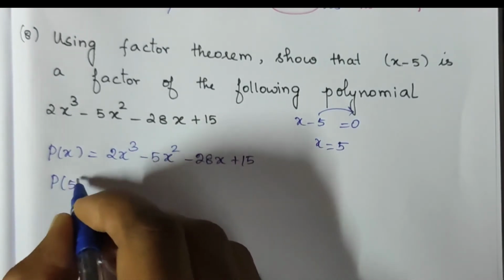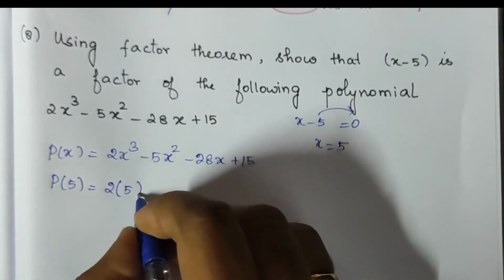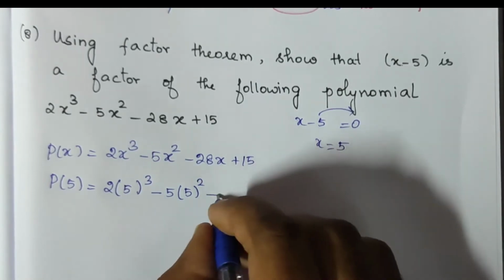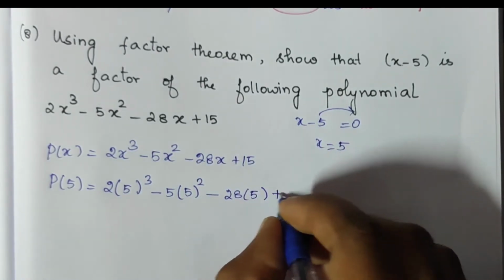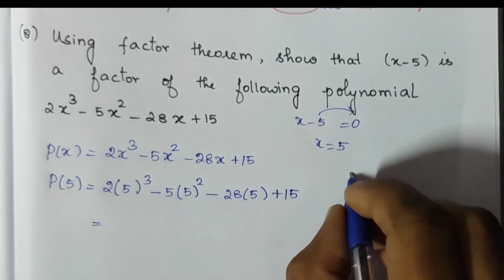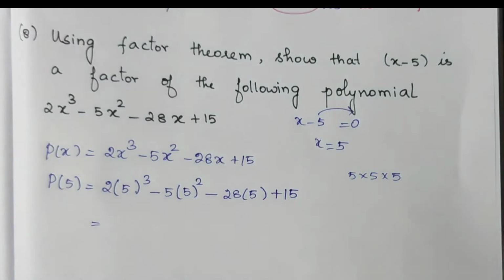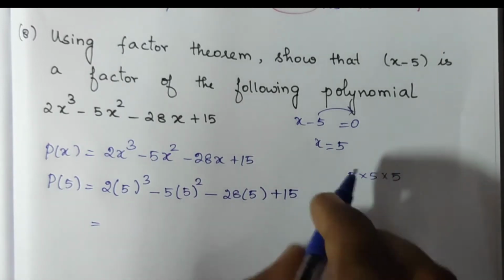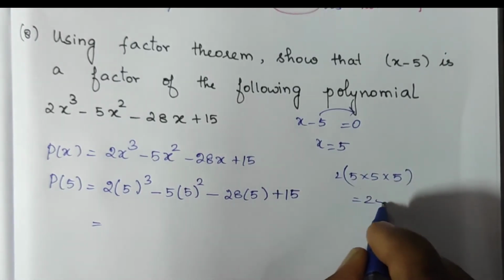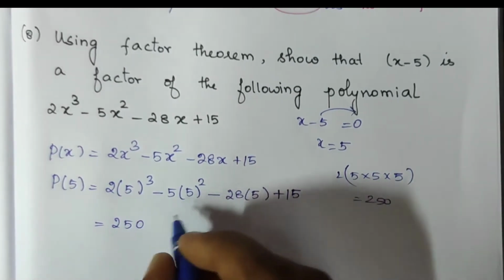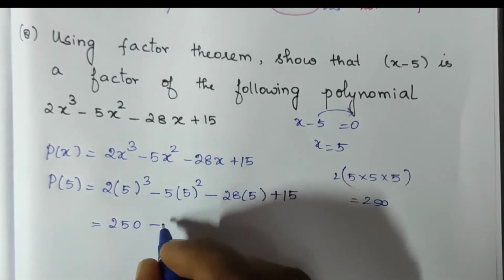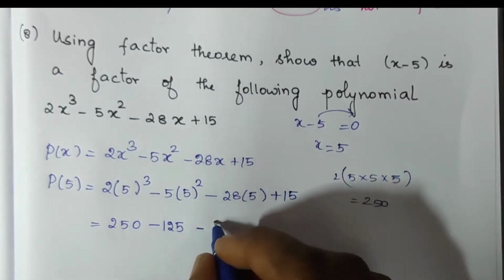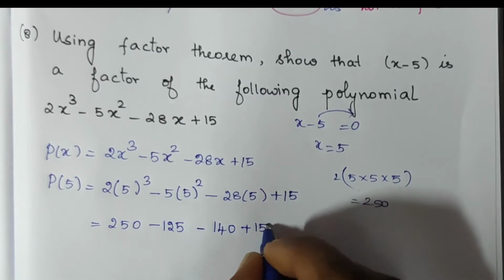So p of 5 is equal to 2 into 5 cube minus 5 into 5 square minus 28 into 5 plus 15. 5 into 5 into 5: 5 5s are 25, 25 into 5 is 125, 125 into 2 is 250. Then 5 into 5 is 25, 25 into 5 is minus 125. 28 into 5 is minus 140, plus 15.